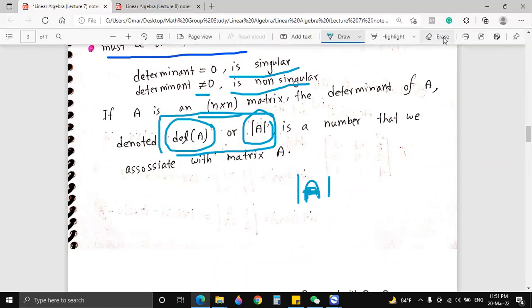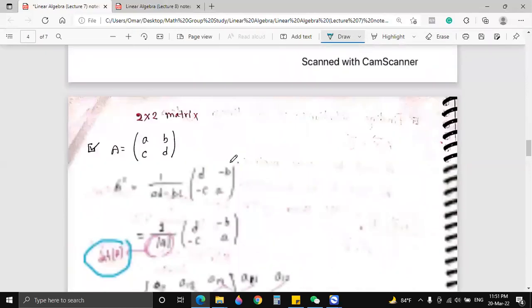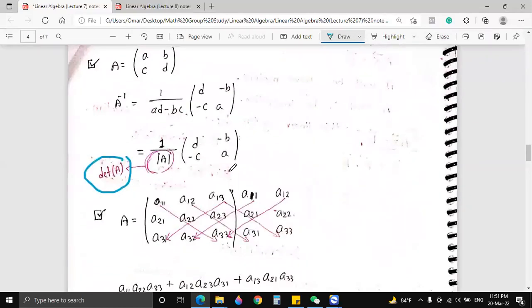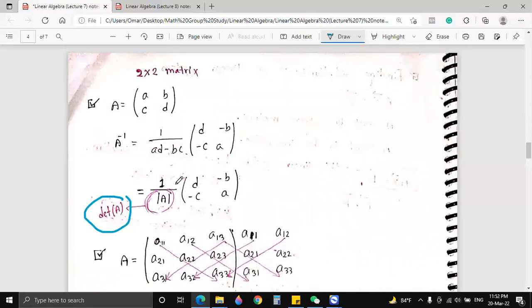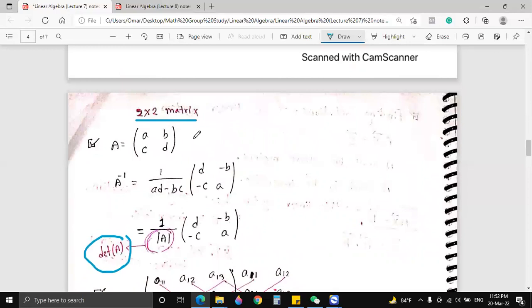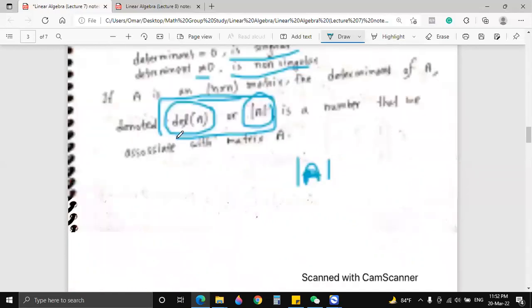Okay, guys. So let's see how we can find the determinant. Previously we saw a small formula for how we can find the inverse matrix of a 2 by 2 matrix, right? Let me show you here.